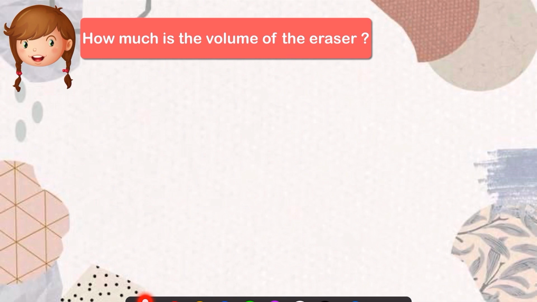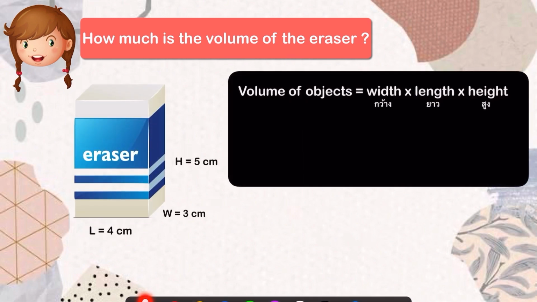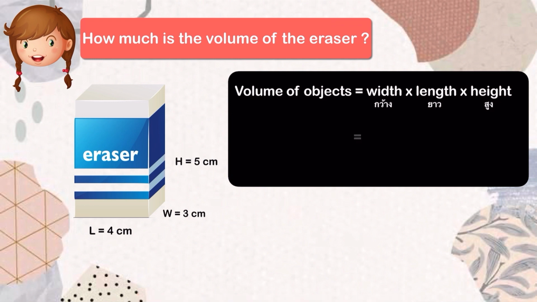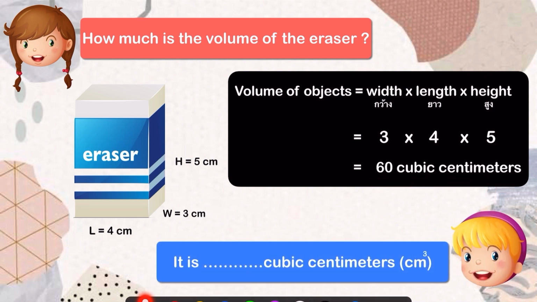This one. How much is the volume of the eraser? You look at the information. Width is 3, length is 4, height is 5. Then you find the answer: 3 times 4 times 5. You will get 60 cubic centimeters. How much is the volume of the eraser? It is 60 cubic centimeters.